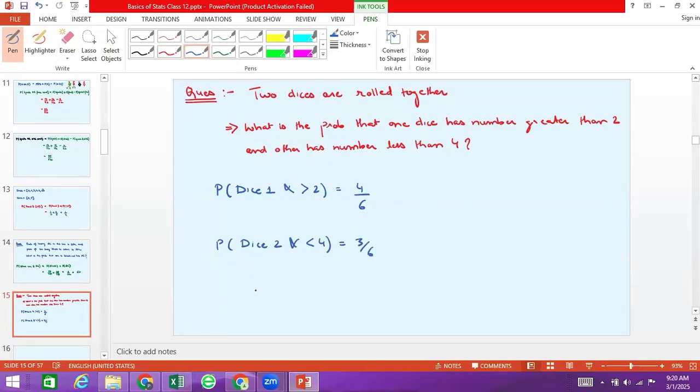Okay. So probability of both the events happening at the same time, event 1 and event 2, will be 4 by 6 multiplied by 3 by 6, 2 by 3 multiplied by 1 by 2, which is 1 by 3.